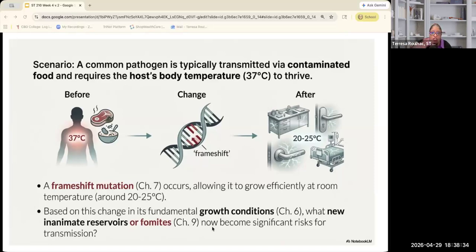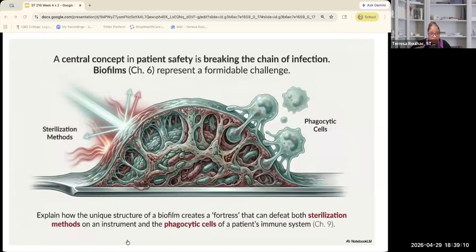One interaction changed the trajectory of that infection. And had the chain of infection been broken by, instead of him just wiping his hand on the chef's apron, just somebody washing their hands and breaking that chain. Okay. And also think, when microbes change what they can tolerate, they change where they can hide. Does that make sense?